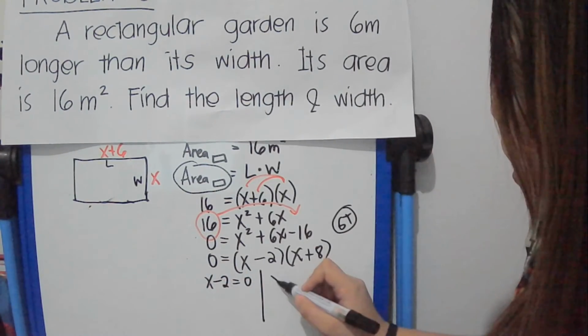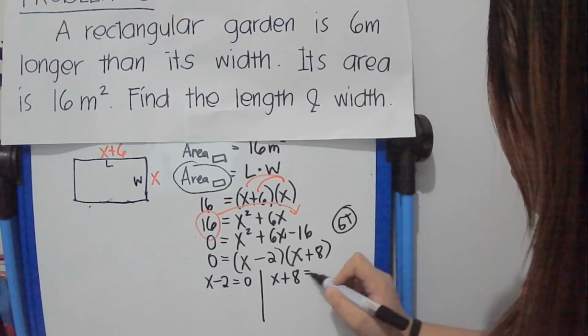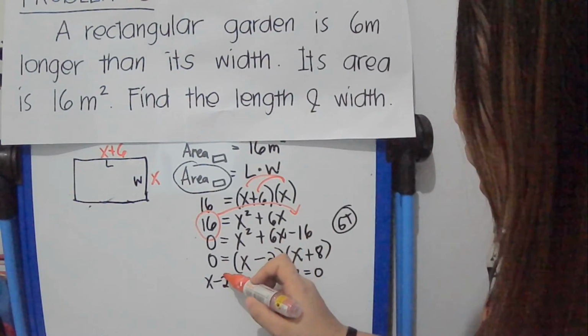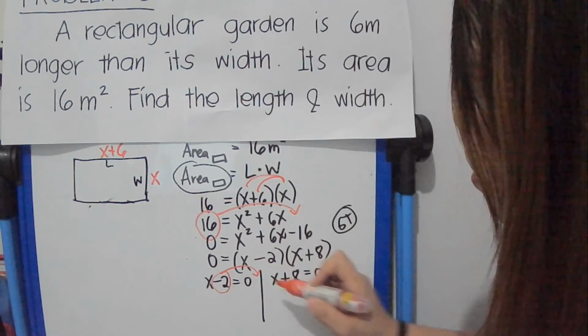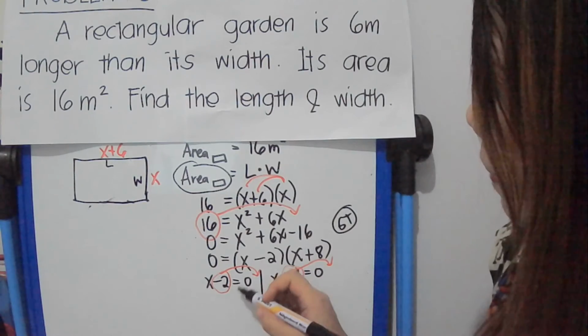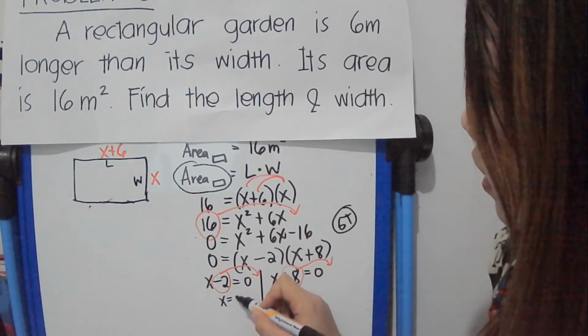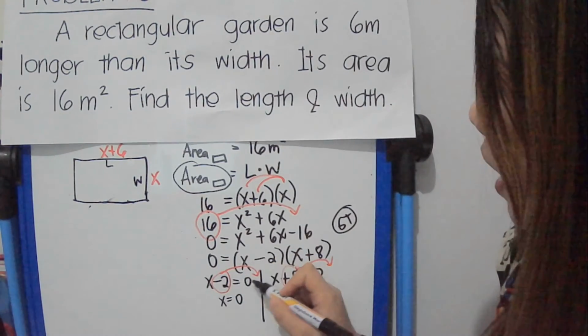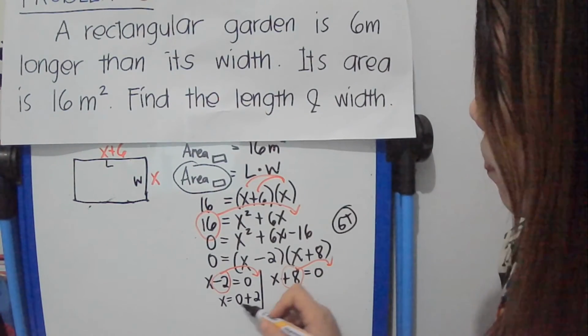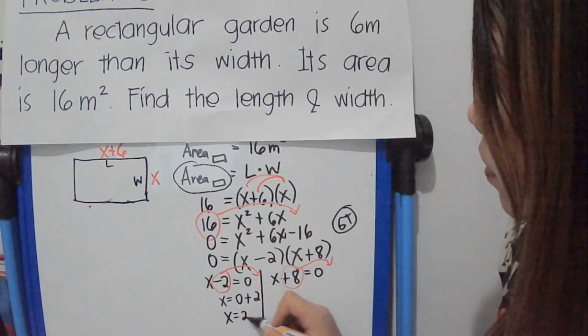Then, ito naman yung second factor, x plus 8 equals 0. Now, we have to transpose kasi x lang yung kailangan natin. Lipat natin yung constant sa kabila. So, pag naglipat tayo, may iiwan na lang si x, then 0. Pag nilipat to sa kabila, dodaan sa equal sign, magbabago ng sign. So, magiging plus 2. 0 plus 2 is 2.